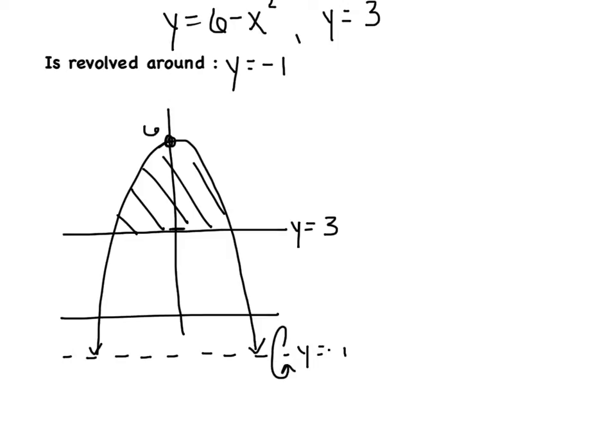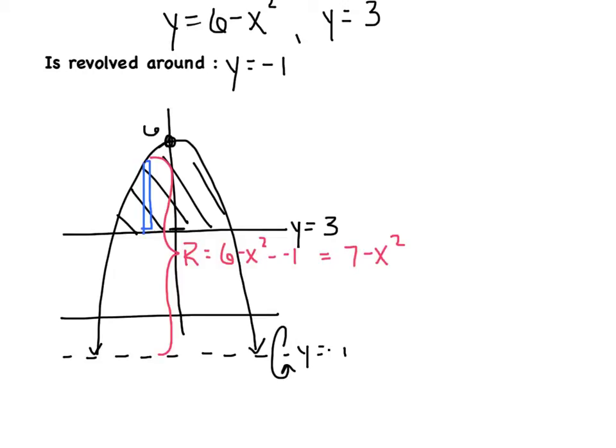We're spinning it. I'm going to draw a nice vertical slice anywhere within the region that's perpendicular. I'm going to identify my outer radius, and the length of that outer radius is going to be upper, 6 minus x squared, minus the lower. So if I clean that whole thing up, I'm really getting 7 minus x squared is the length of that outer radius.